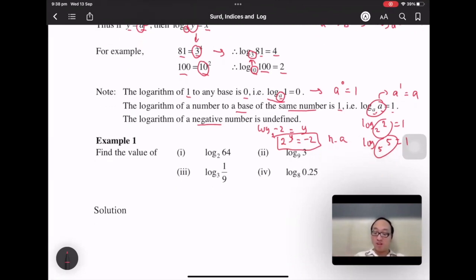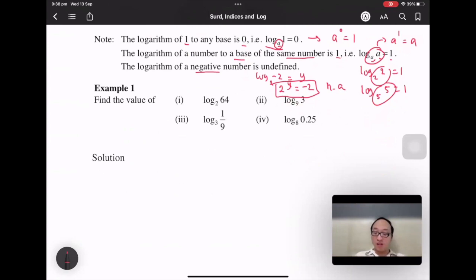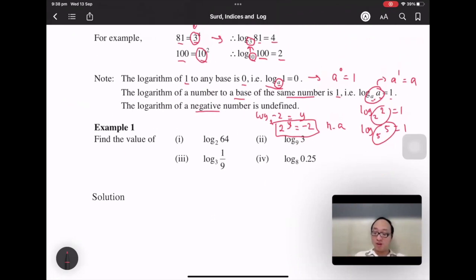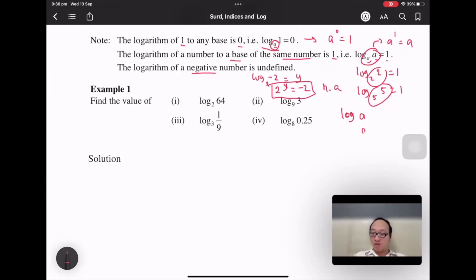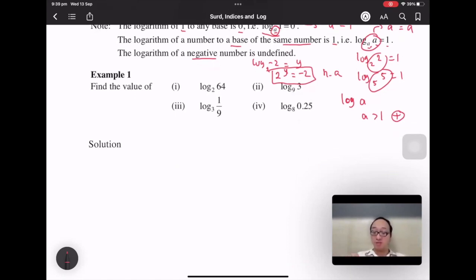And for the value of log of the number a, for a greater than 1, it will be a positive result. Log of 1 equals 0.